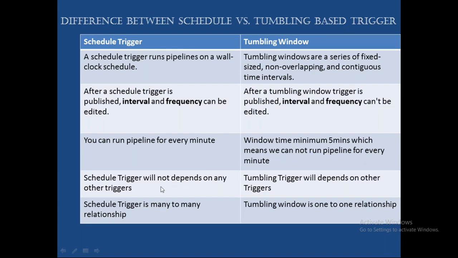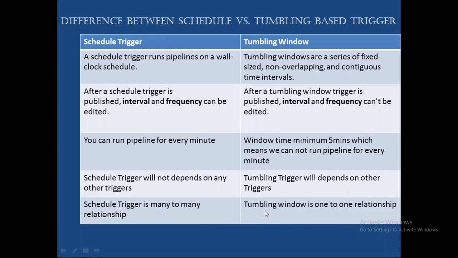Okay, schedule trigger does not depend on any other trigger, remember. Because we cannot create any dependency there, but in tumbling trigger we can create the dependency. So in tumbling trigger, one trigger can depend on another trigger, or you can also create a self-dependency trigger. We have seen yesterday: schedule trigger is a many-to-many relationship, but tumbling window is a one-to-one relationship.